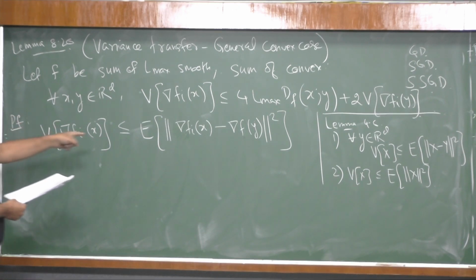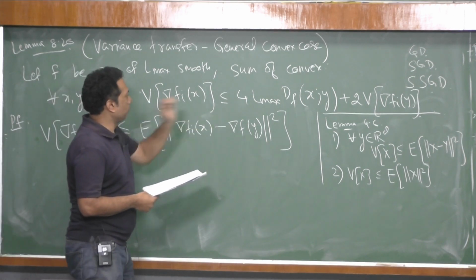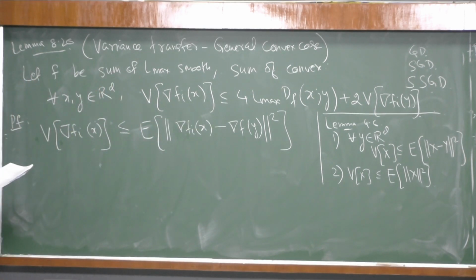I believe the expectation of grad f_i will make it grad f(x) at some point. So we will have grad f(x), and then other things like y minus x, and also f(y) minus f(x).